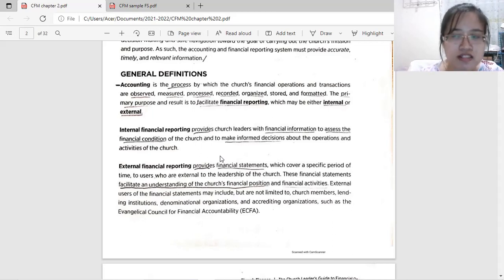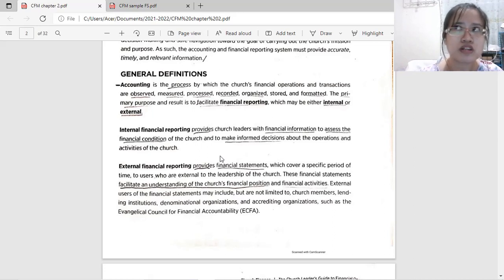Churches which are registered with the SEC, the Securities and Exchange Commission, if they are registered as a corporation, are required to submit audited financial statements every year, 180 days from the end of their accounting period.